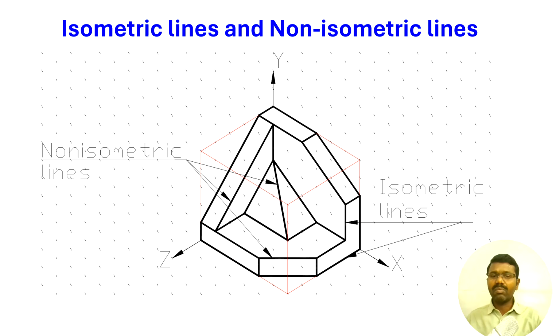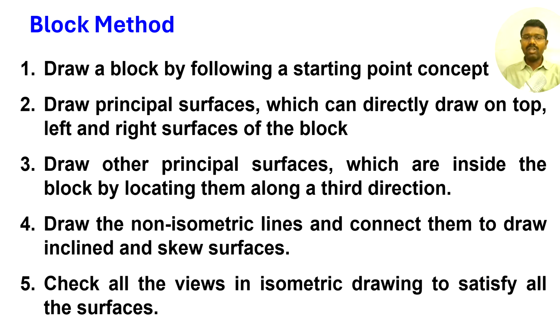So this concept will be useful to draw the isometric drawing. Let us see the methods of drawing the isometric drawing. The first one is the block method. In this video I am explaining the block method to draw the isometric drawing. According to this method, we will be drawing the block using the starting point concept.